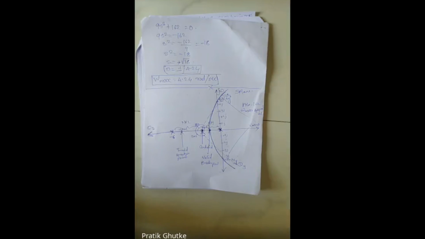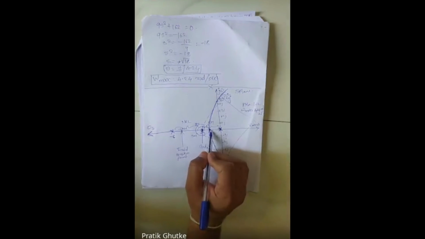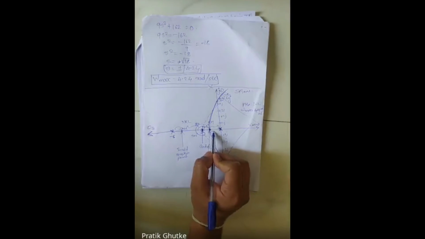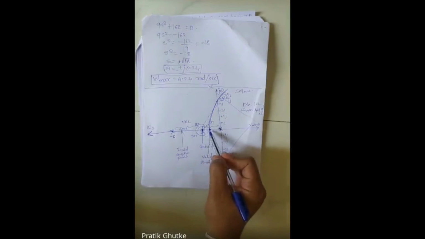After that, you have to mention the breakaway points. There are two breakaway points in this case, one valid and another invalid. From the valid breakaway point, the root locus will lie. My valid breakaway point on the x-axis was -1.26. From this, the root locus will start.